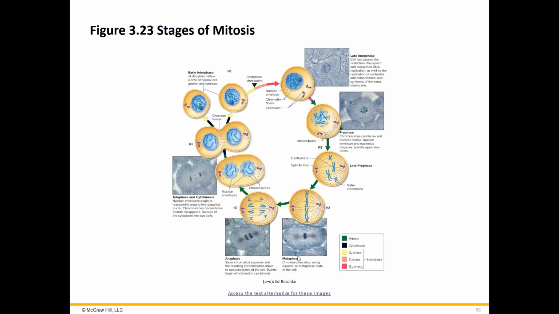Then, in the metaphase, the microtubules push and pull the chromosomes and line them up nice and even. In the anaphase, those tubules shorten and they rip the sister chromatids apart, creating one copy of chromosome, two copies of chromosome.